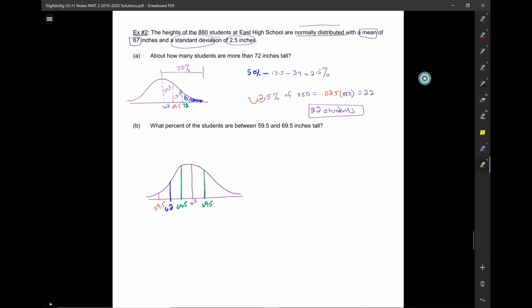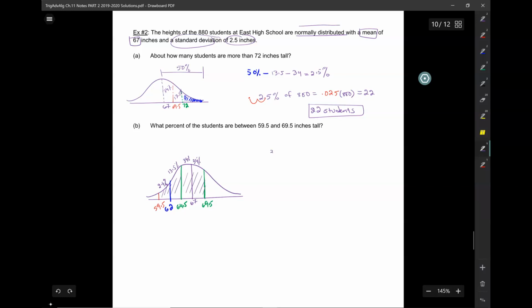Okay, so I want the percentage of students between 59.5 and 69.5. What are the percentages that go in here? The middle sections are 34%, 34%, and then going outward, it's 13.5% and 2.4%.